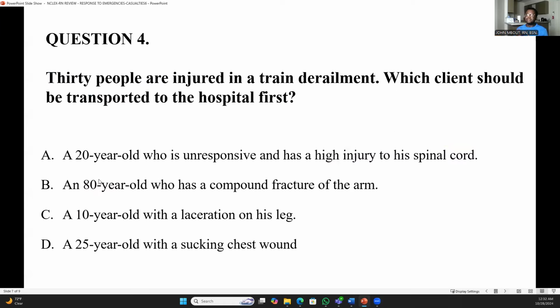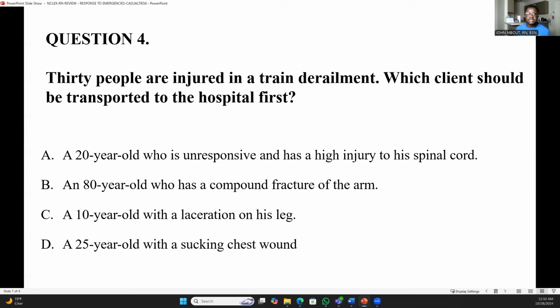Okay? So you might be looking at unresponsive and has a high injury on the spinal cord. No, you don't attend to this patient, you attend last. The patient with a sunken chest wound is having a cardiac situation which can be attended to and revived as quickly as possible, right?